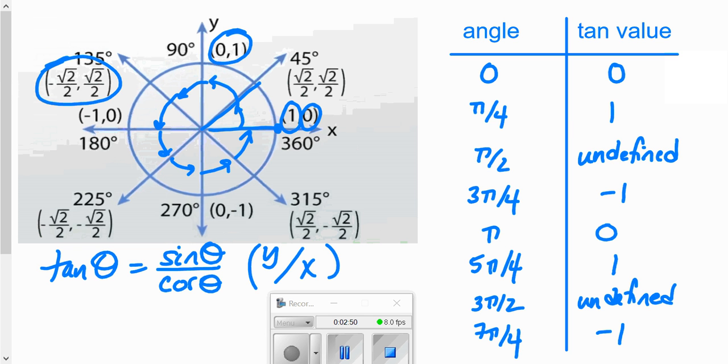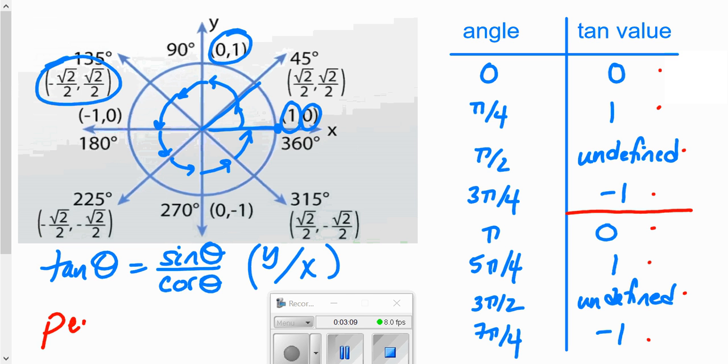And so you can see that there is a cycling of values similar to what we saw with sine and cosine, but it looks like the cycling happens a little more frequently, right? This pattern, 0, 1, undefined, -1, is repeated right here. So it looks like it repeats every pi units.